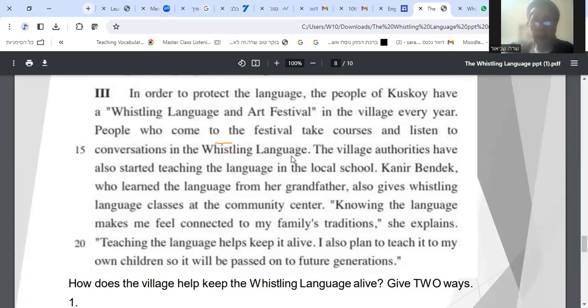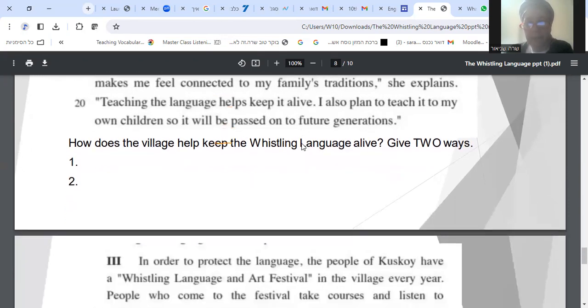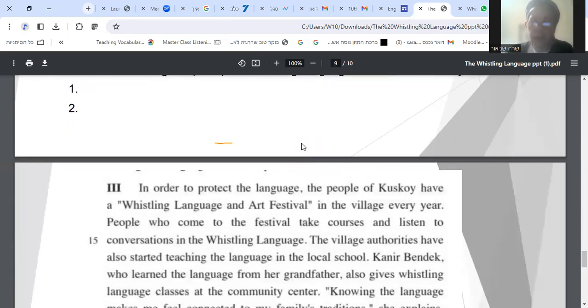So it's listening and learning and practicing. Okay, so we could write here, listening to conversations. Listening זה הקשבה, listen זה להקשיב, אבל to listen, אפשר גם להגיד to listen to conversations in the whistling language. Okay, שני תשובות, אחד לימוד, אחד הקשבה.